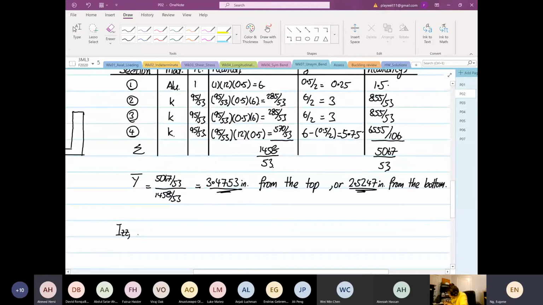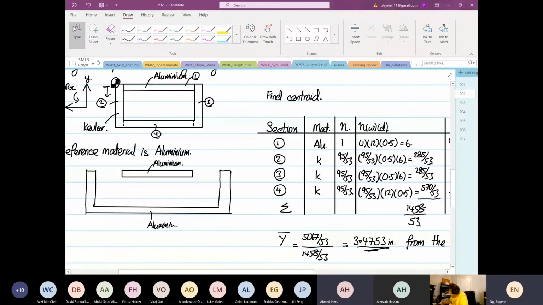IZZ. Eugene, I had a question. Yes. Why did you do 6 minus 0.5 over 2 for y bar? Because over here, this is 0.5, and the individual centroid from here to here is 0.5 divided by 2. Or from the bottom, sorry.